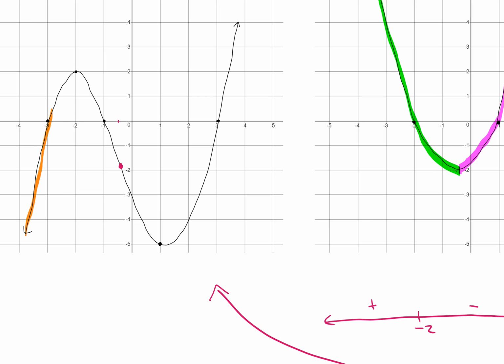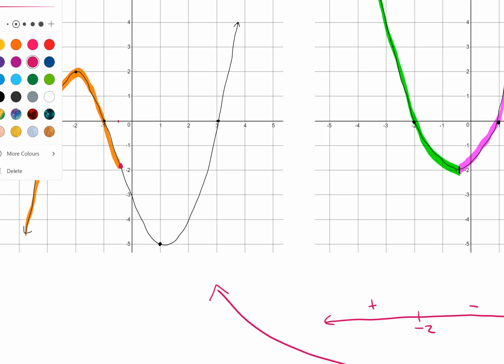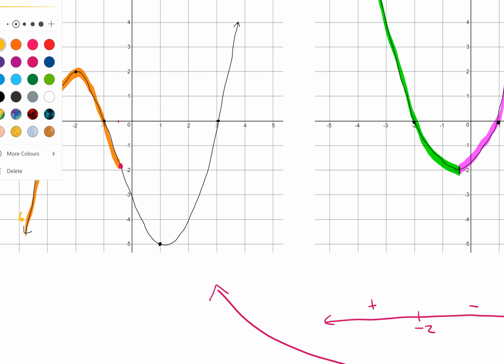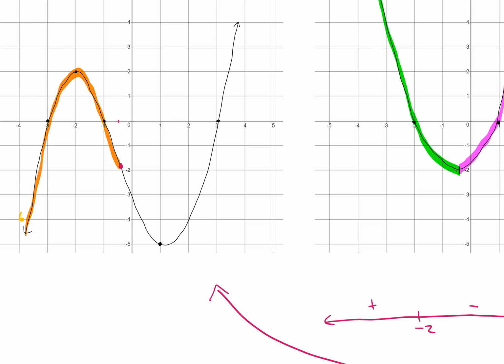Up until that point, although it appears to be, it increases and then decreases, if we have a look at the numbers of the slope, if I made up some slope numbers, let's imagine down here we have a very steep slope of 6. So it's a very steep line, sort of like this.